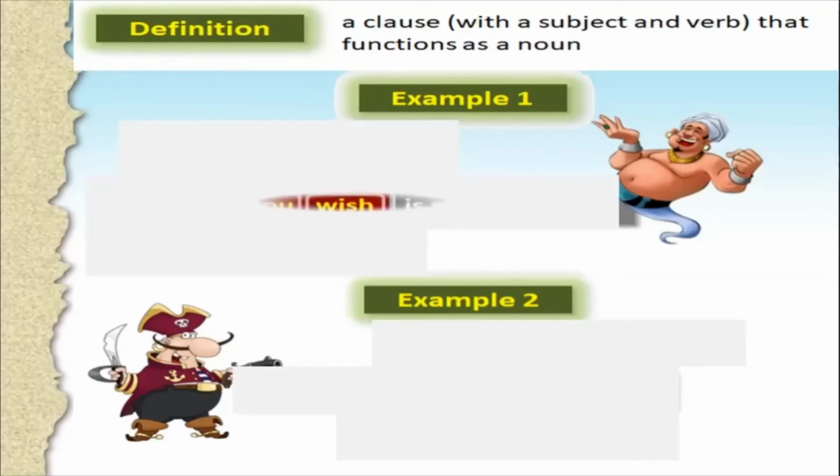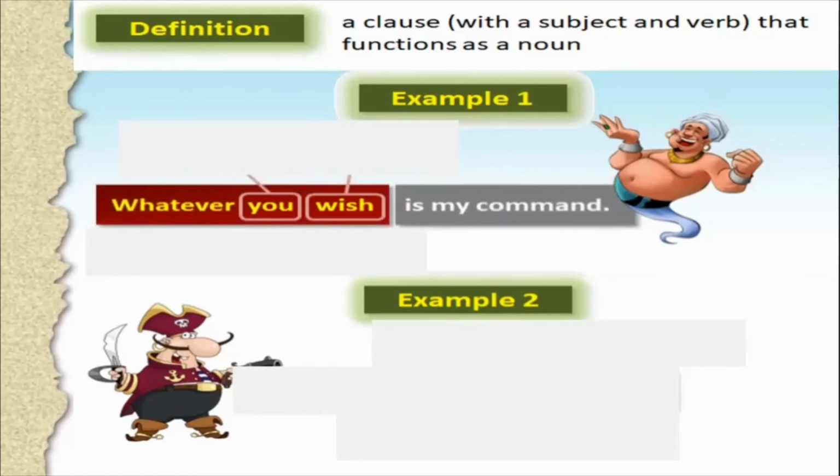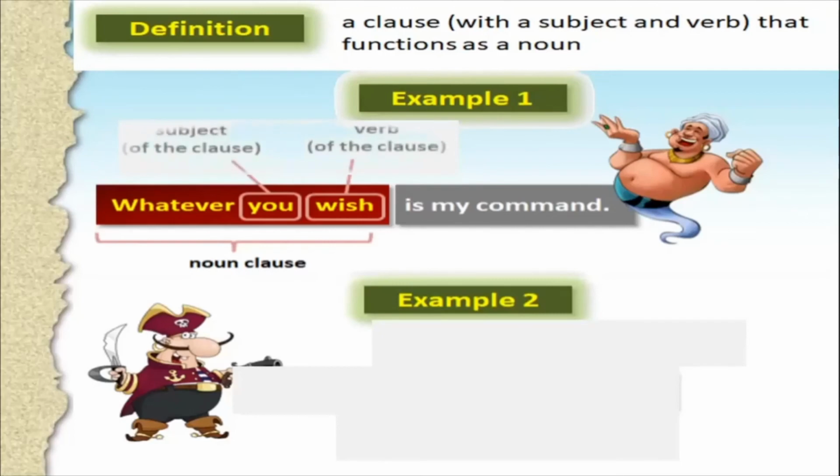Let us look at example number 1. Whatever you wish is my command. So there is a genie who's saying, whatever you wish is my command. Whatever you wish is the noun clause, in which we have the subject and the verb also.